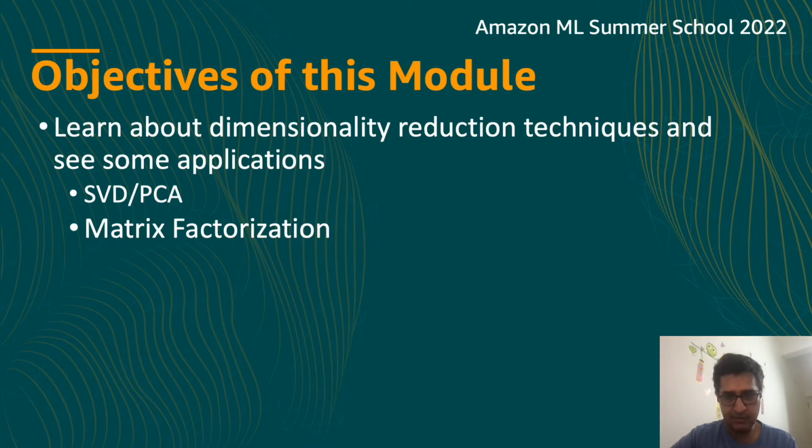We are also going to talk a little bit about where one applies which of these. We will touch very briefly on autoencoders, which are representation learning. But representation learning, embeddings and autoencoders are a big area in themselves, and that's probably a story for another day. In this module, we will restrict ourselves to SVD, PCA, and matrix factorization.